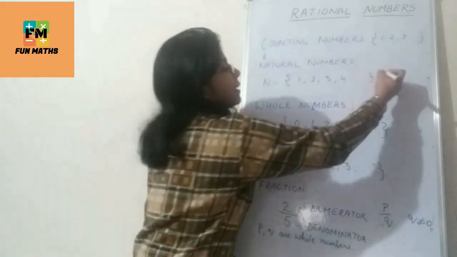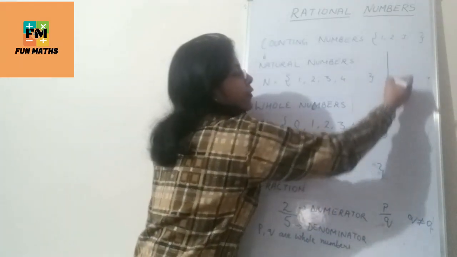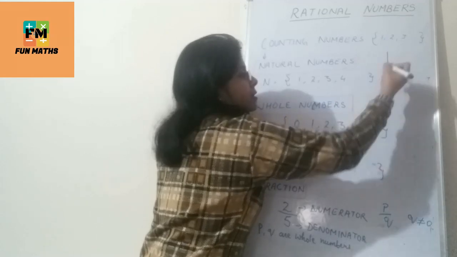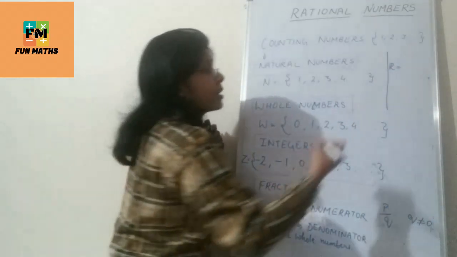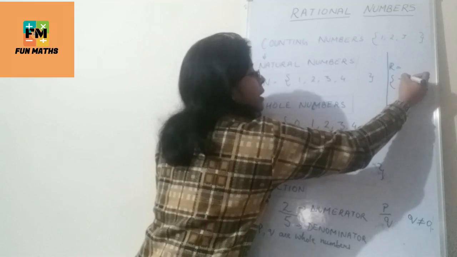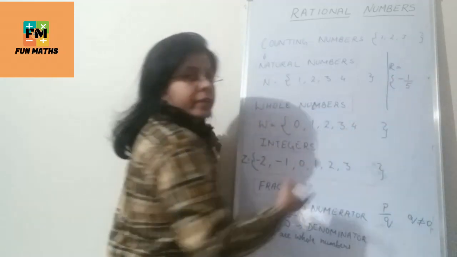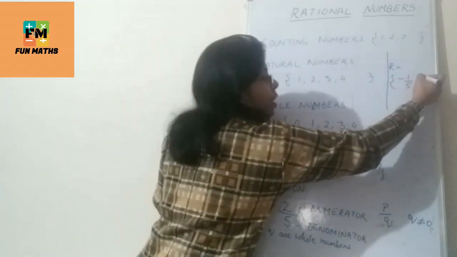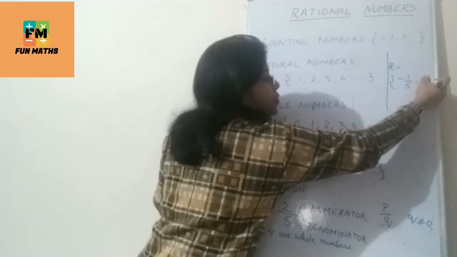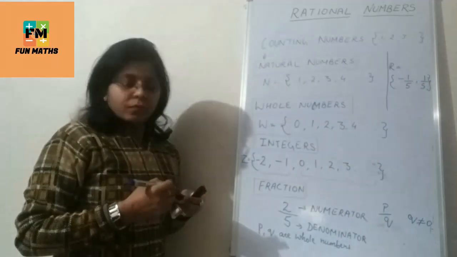So basically we can write the rational numbers as a set. Minus 1 upon 5 is also a rational number, as well as 1 upon 5 is also a rational number, right?